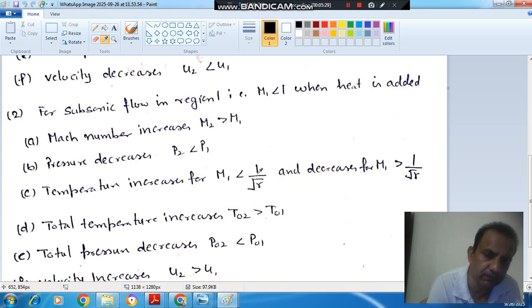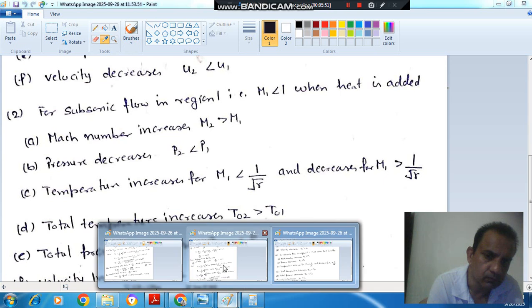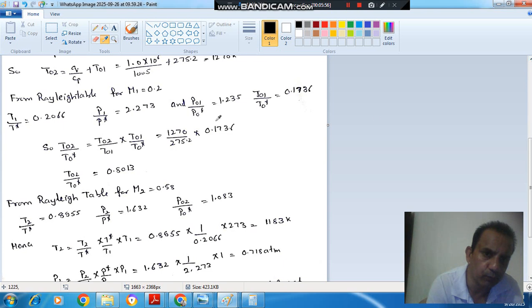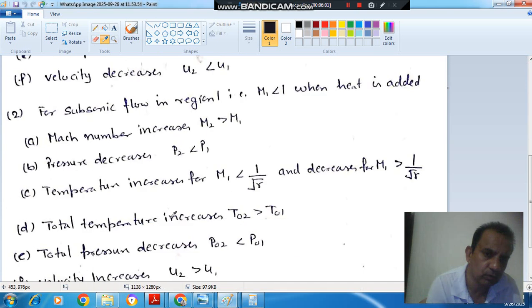Sorry, Mach number was less than 1 by root gamma, so temperature would increase. 1 by root gamma is approximately Mach number 0.84. The initial Mach number was 0.2, so it is less than 0.84. It means temperature increases, and here temperature also increases.